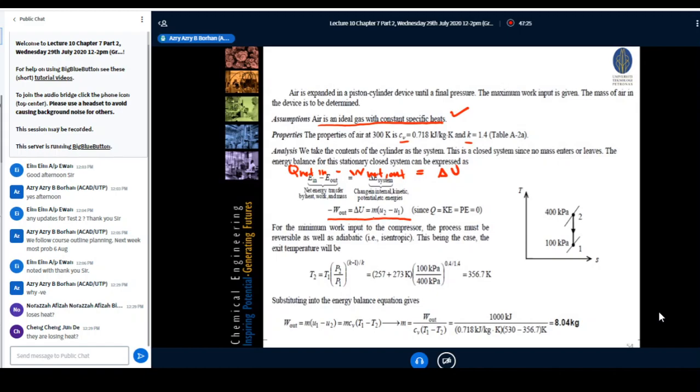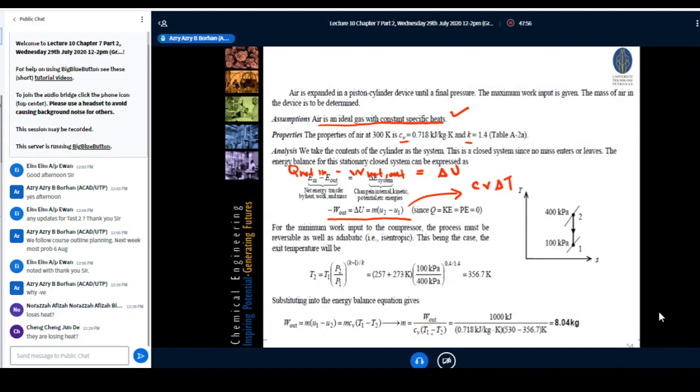That means you have to replace delta U with CV delta T for the constant specific heat method, right? So that's why you can see W out is equivalent to M times CV times delta T, right? So now M is equivalent to the net work out divided by CV times delta T.